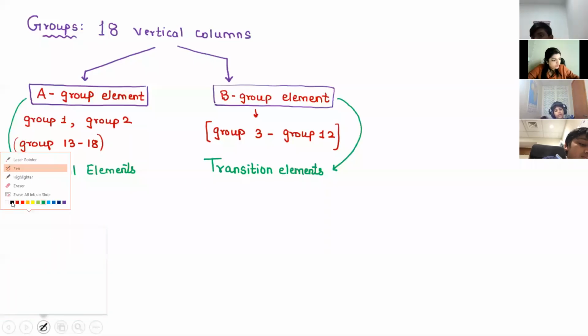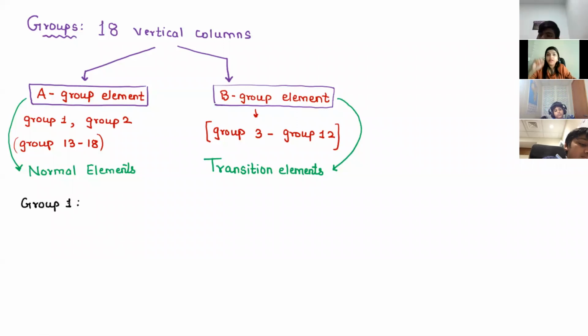Now, first group, group 1, which is the first column. Group 1 or 1A are called as alkali metals.